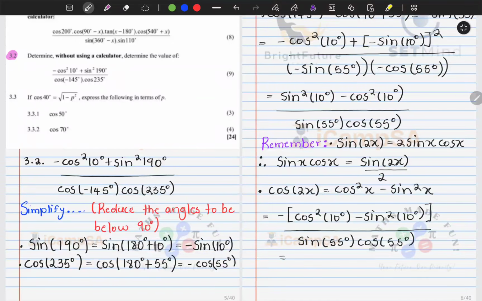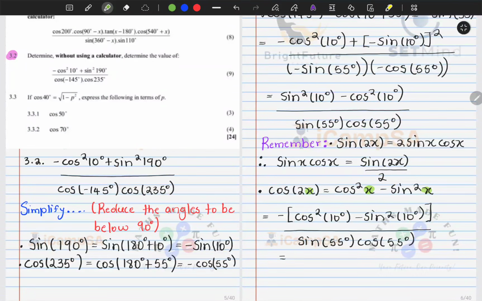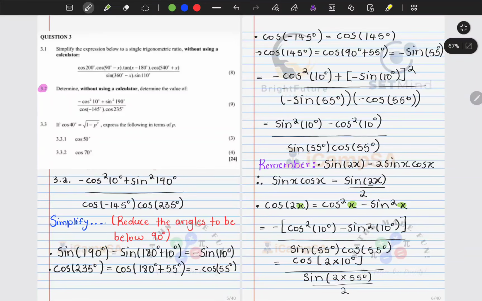So the numerator, we know, if you have x, you end up getting double. So this means that we will have cos of 2 times the angle we had there, that was 10 degrees. Then divided by, if you have a sine times a cos of x, you end up having sine of double. So that means we are going to have sine of 2 times the angle that was there, which was 55 degrees, okay? And this will be divided by 2.